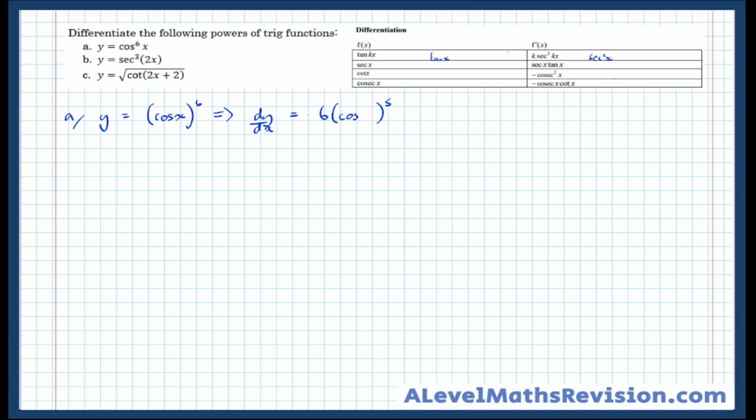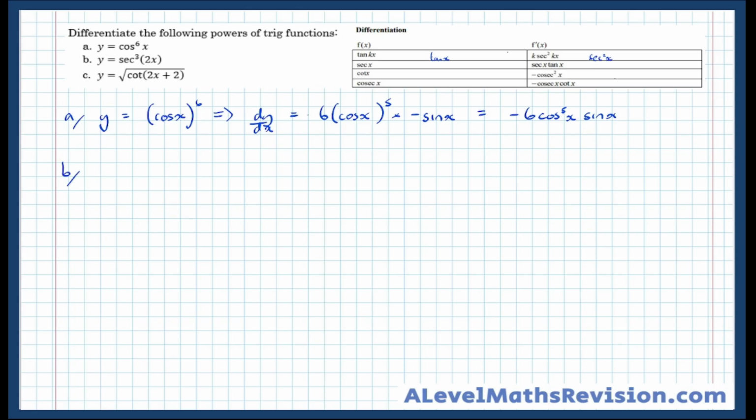Then we look in the bracket, see that it was cos x, and multiply by its differential, which is minus sine x, which is equal to minus 6 cos to the 5 x sine x. So that's differentiating cos to the 6x.